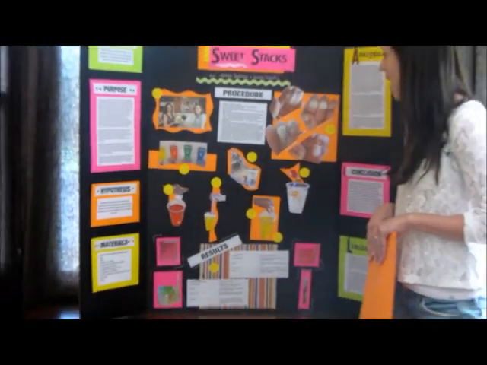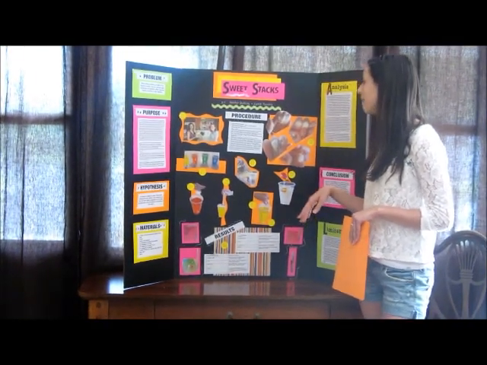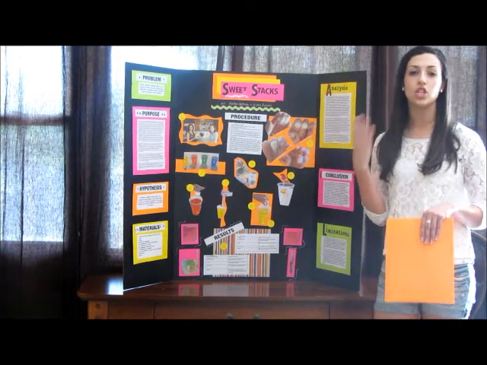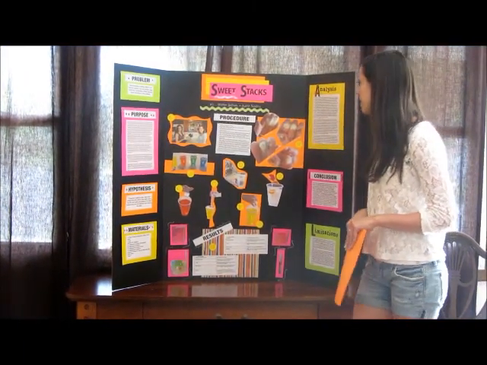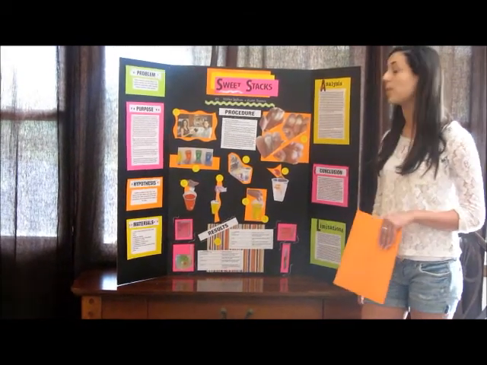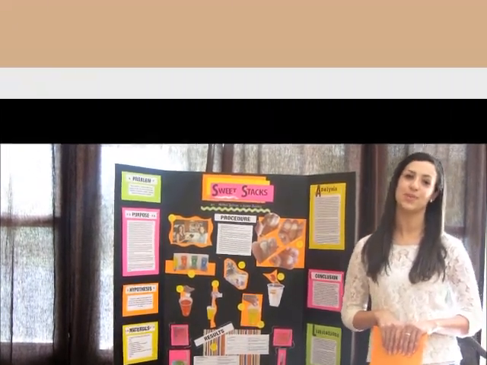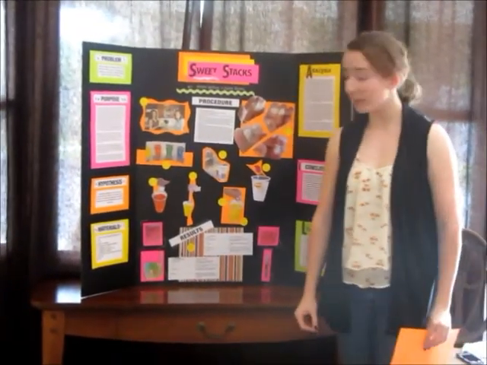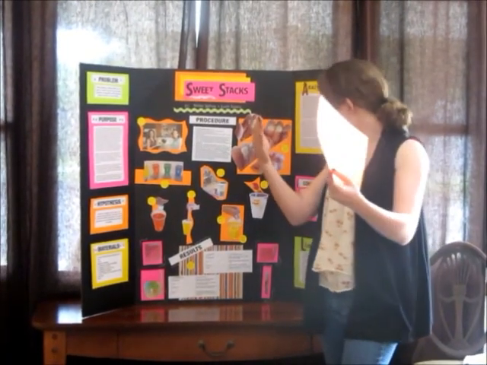And for step 9, also shown here, we would use the same technique for every single one. And then 10, we recorded our observations and we repeated for all of the different sugar substitutes to get the best results.